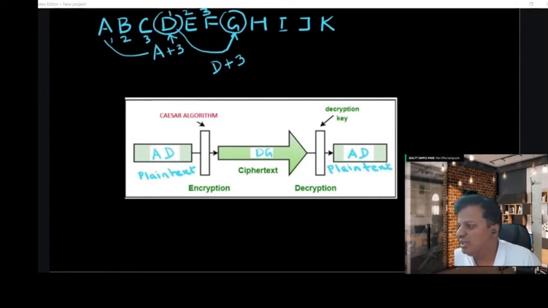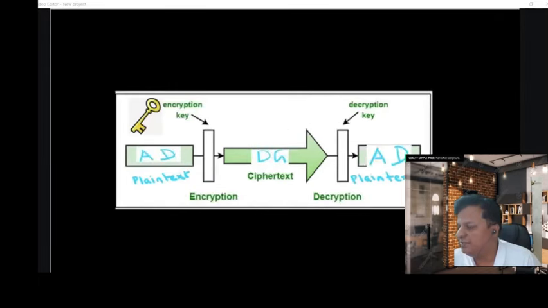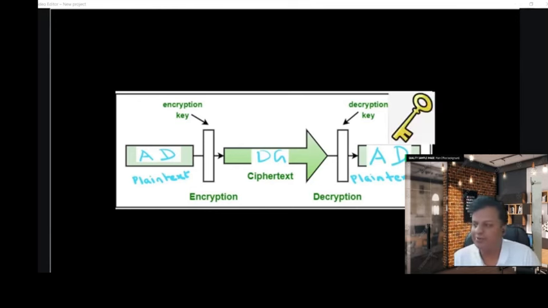Now we have to decrypt. We will put in an encryption key and use this encryption key to encrypt the data. And then we need the same decryption key, which will decrypt the data back to plain text, right? This is the basic concept of encryption and decryption.